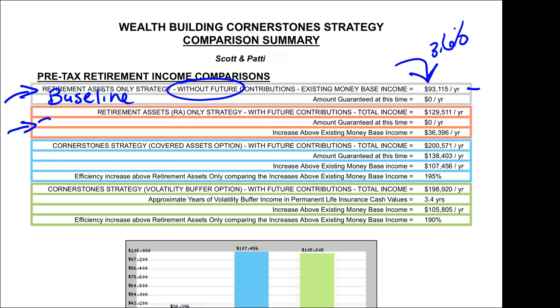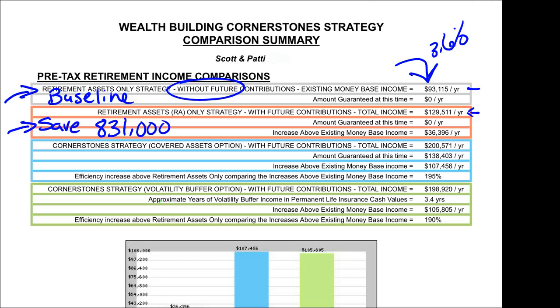This is saving over the course of the period of time before retirement another approximately $831,000 saved, about $83,000 a year. Saving $83,000 a year leads to a new income number, $129,000 right here, which is a $36,000 increase over the baseline.